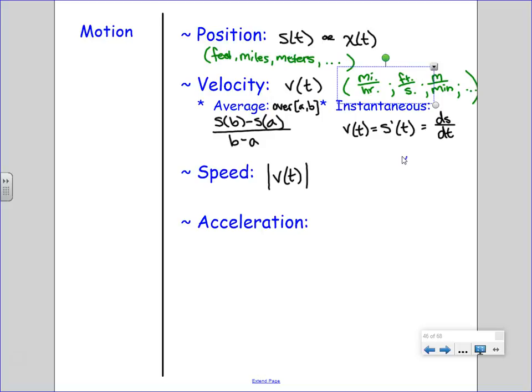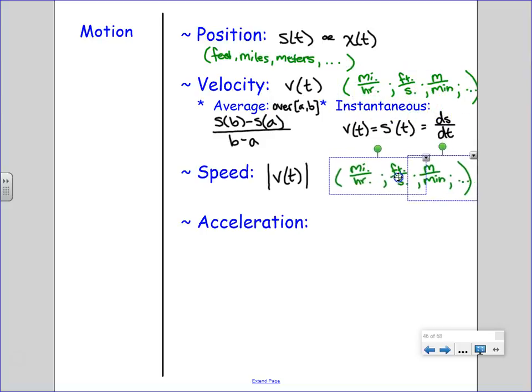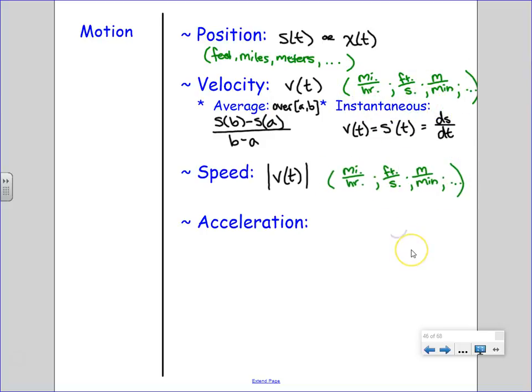And then the last one that we just talked about, acceleration. It can be denoted a couple different ways, but it's either the first derivative if you're given velocity, or the second derivative if you're given position.